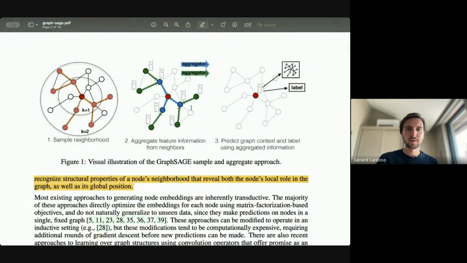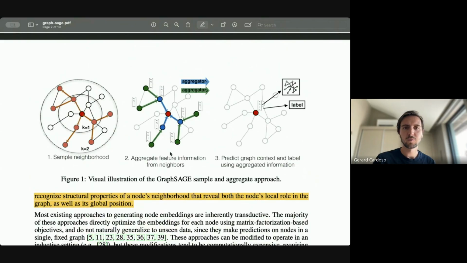So at a high level, what GraphSAGE does is, for each node, you sample from its neighbors and then also sample from the neighbors of the neighbors. So you're going through a few layers of depth, or I think they call this the search depth. This is the sampling step, the S in the SA in GraphSAGE.